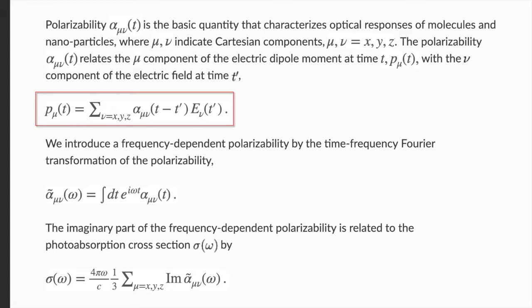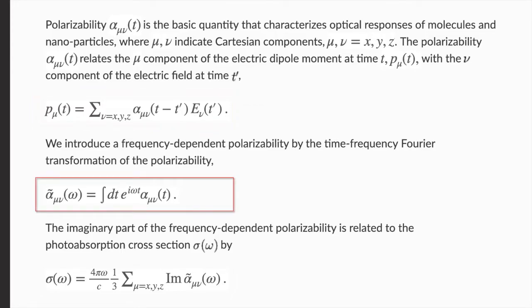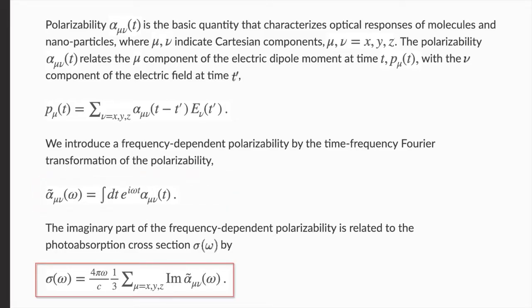The polarizability alpha(omega) is a function of the frequency and is obtained by Fourier transformation of polarizability as a function of time. It is associated with various observables. For example, the photoabsorption cross-section sigma(omega) of a molecule for light with a frequency of omega is given by the imaginary part of the polarizability as shown in this equation.